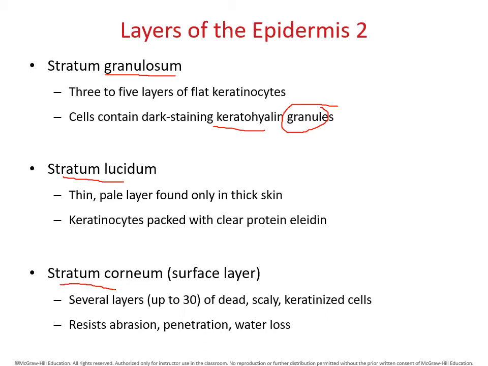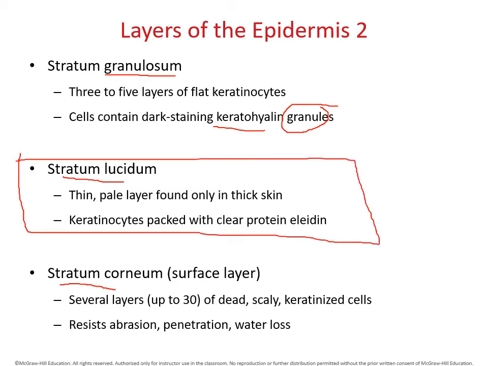All right, now I got a little bit ahead of myself and I mentioned to you the stratum lucidum and corneum in my little discussion on the granulosum. These two strata sit on top of the granulosum, and I want to point out that the stratum lucidum is exclusively found in thick skin. So this is the stratum that you will not find in thin skin.